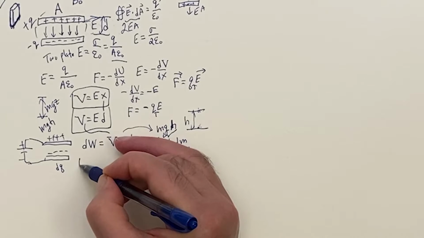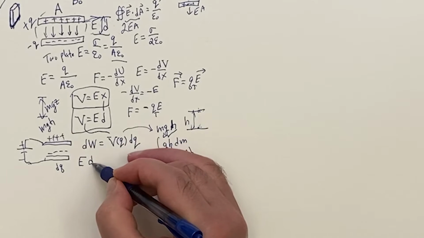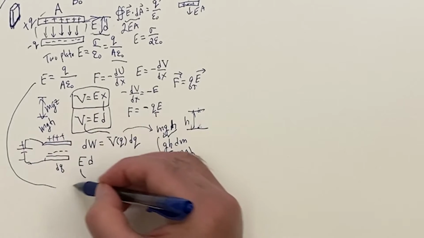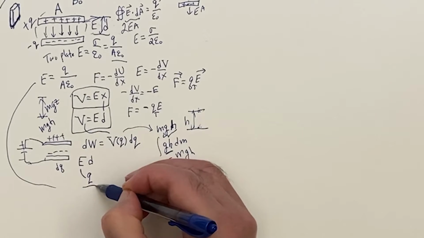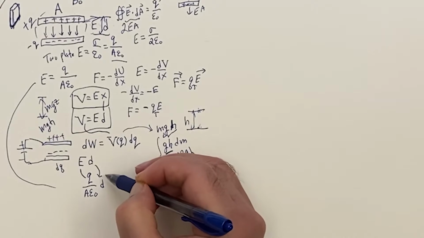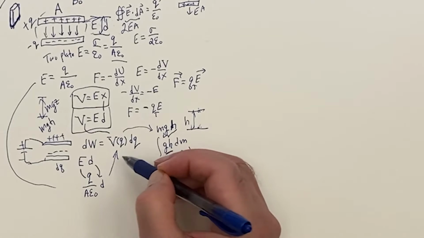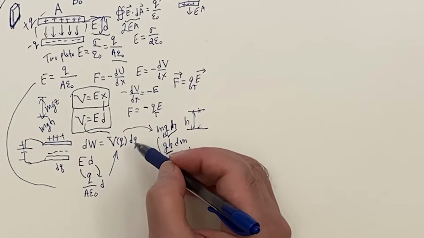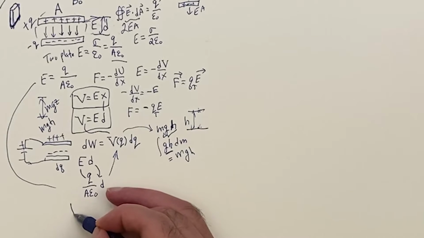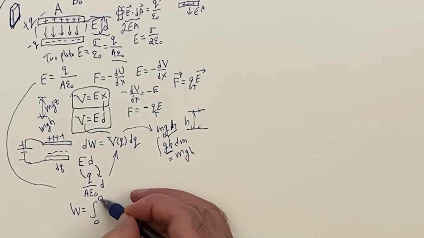This is E times D, and the E is up here: E is Q over A epsilon naught. Putting the D there shows what I need to put in this integral. That Q is not going to be constant, so that's where we have the tricky part. So we're going to integrate from 0 to, say, big Q.